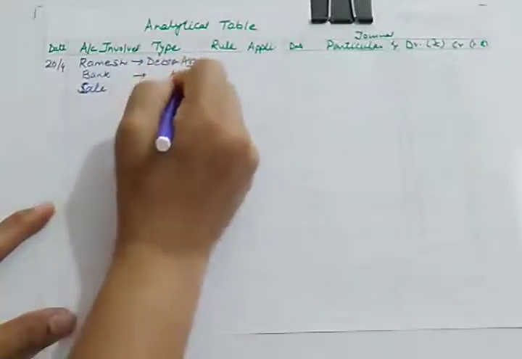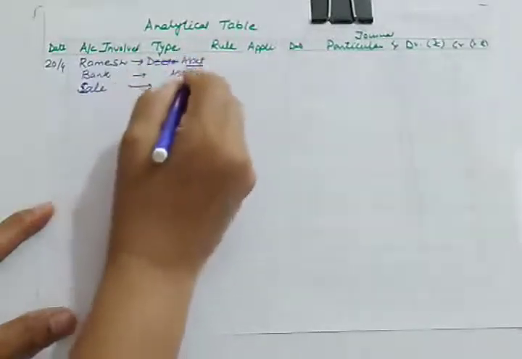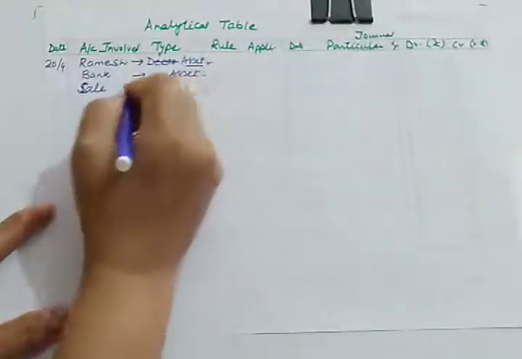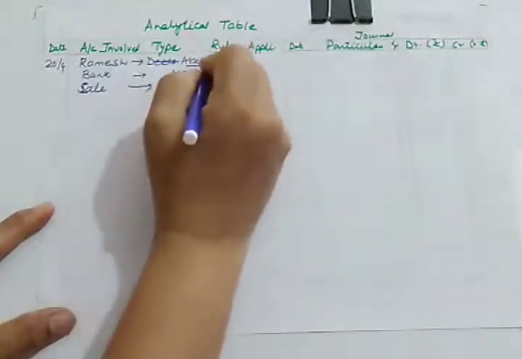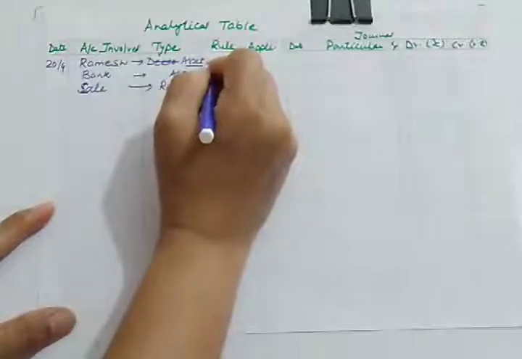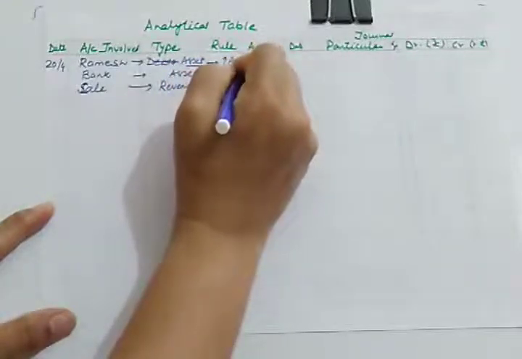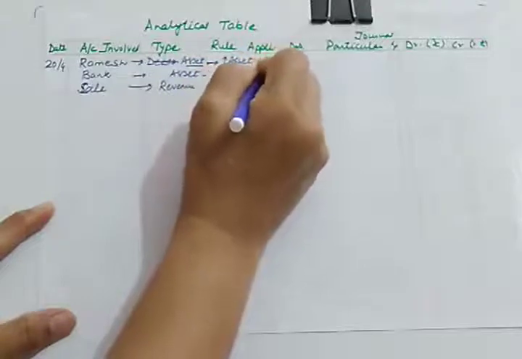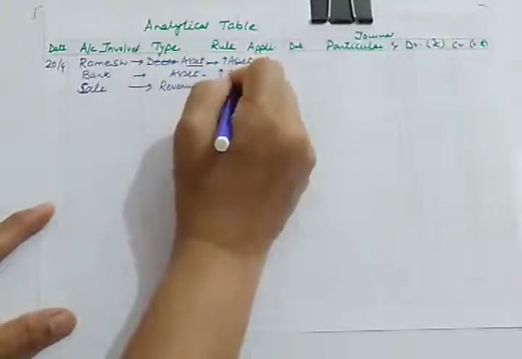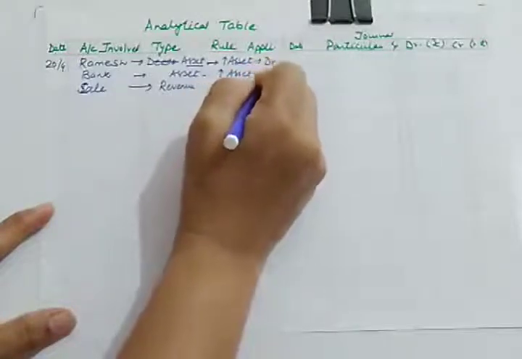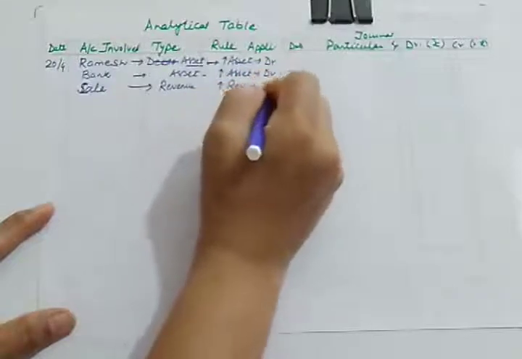Bank is again your asset, and sale will come under the category of revenue. So what is happening to Ramesh or to asset? Asset is increasing because you are doing sale. So increase in asset, debit. You are receiving check, so increase in asset is also debit, and increase in revenue is credited.